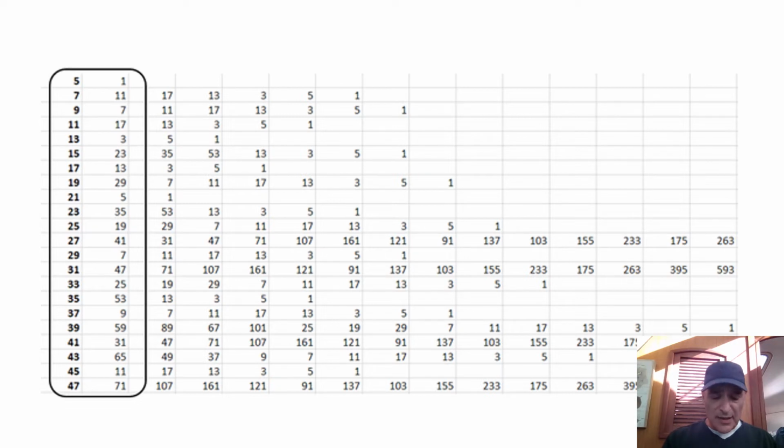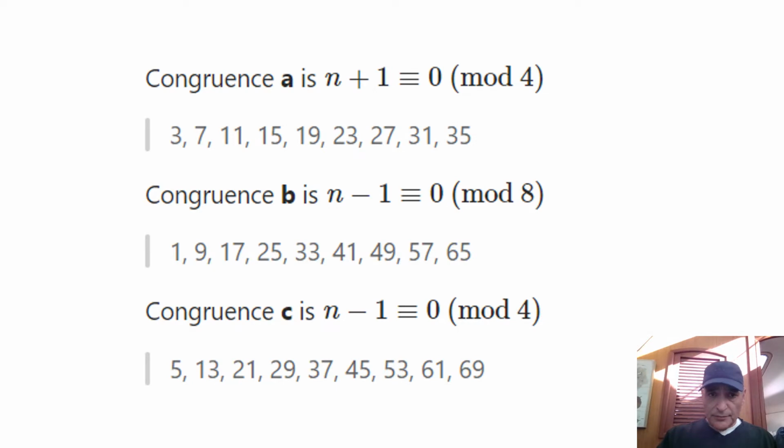So that's the underlying theme of what I'm going to be talking about. There's an implicate order to this structure, and it's defined by three simple congruence classes, which I'm going to label A, B, and C.